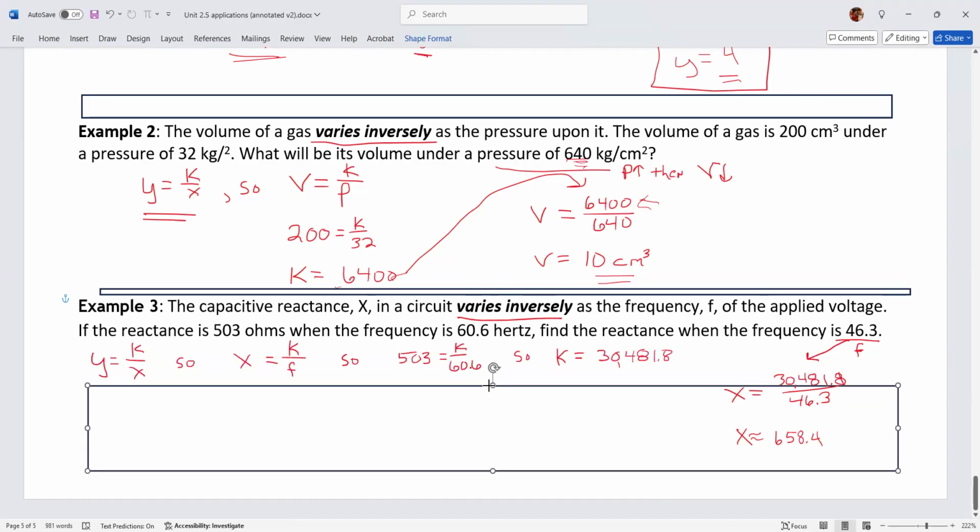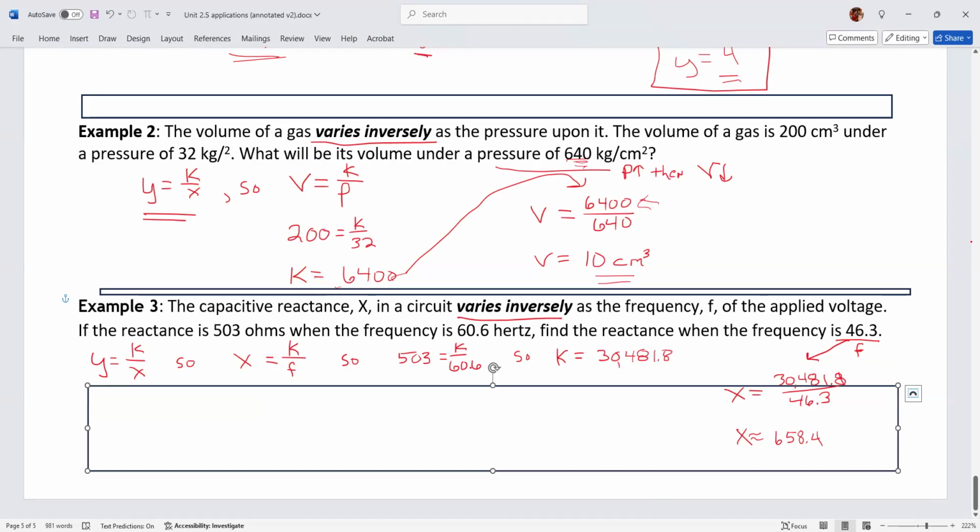So in this example, capacitive reactance X in a circuit varies inversely as the frequency of the applied voltage. So the Y in this case is going to be X, the capacitive reactance, and the X in this case is going to be the frequency.